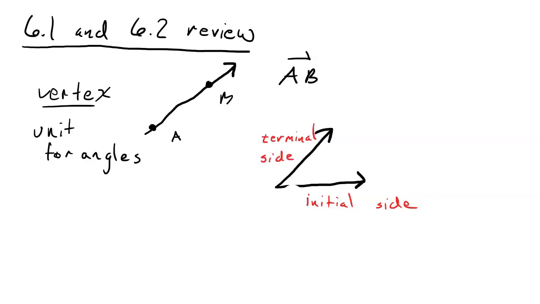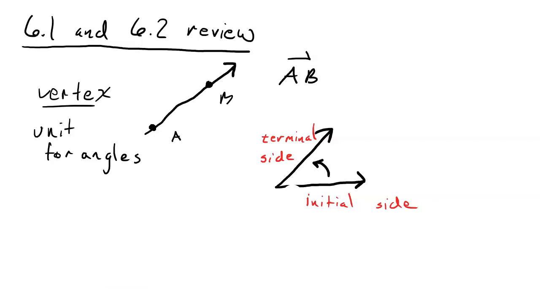And again, to get from the initial side to the terminal side, we have to go through a rotation of some measure, right? Now, when you sketch a positive measure, that means that you're rotating in the counterclockwise fashion. So just like what we drew here.